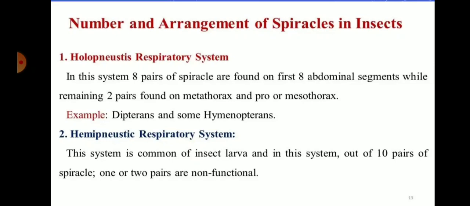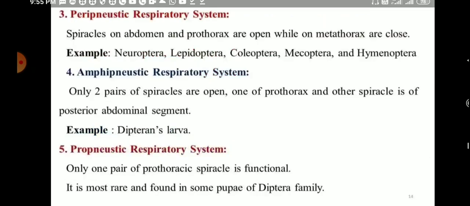Then the heminucleated respiratory system, in which only 8 pairs of spiracles, the mesothoracic and the first 7 abdominal spiracles, are functional, whereas other pairs are non-functional, and it is reported mostly in the larva.